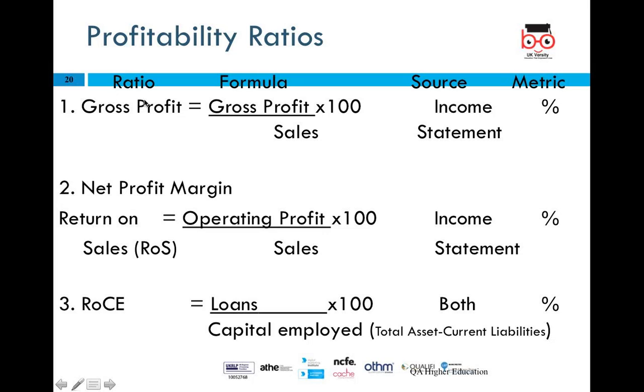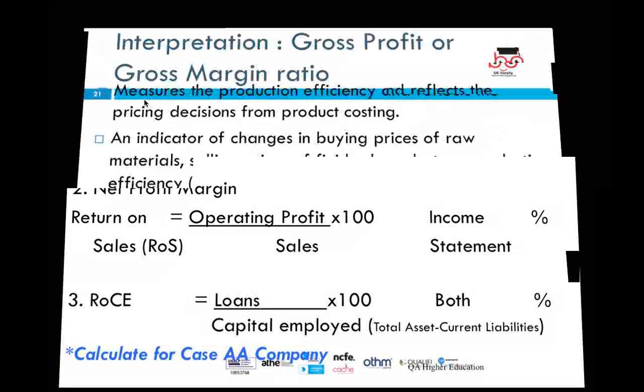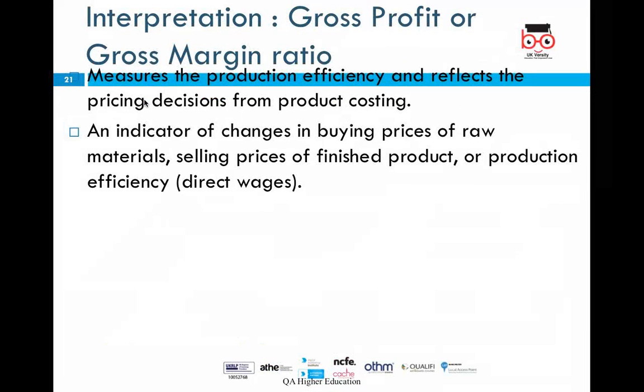Normally the gross profit and net profit ratios are called the profitability ratios, which are the margins of different types of profit and income. So let's see the liquidity ratio, the next one, which measures the production efficiency.